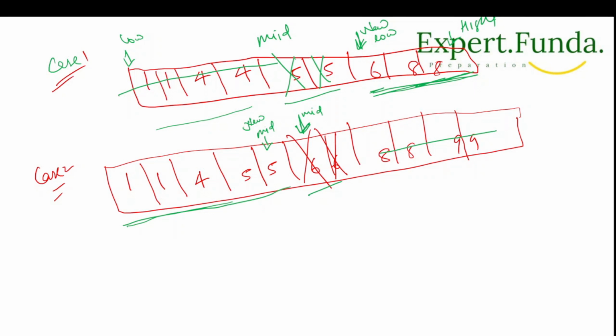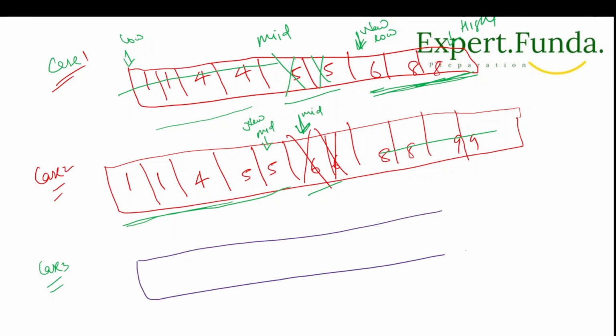Now let's suppose one more case is possible, case 3. Okay, let's understand case 3. We'll take one array. Let me write the array first: 1 1 4.